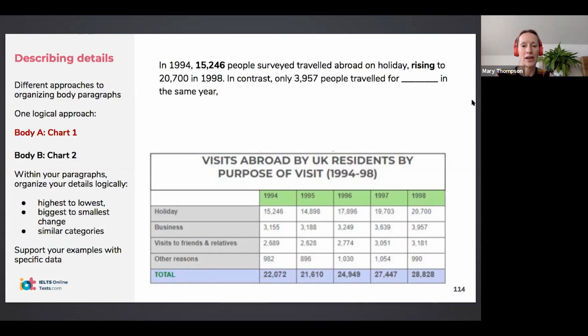Okay, in contrast, only 3,957 people traveled for what in the same year? Business, yes. Followed by something who visited family and friends. Yeah, so again, you need the actual figure. So 3,181.